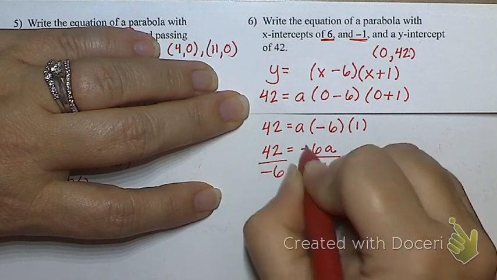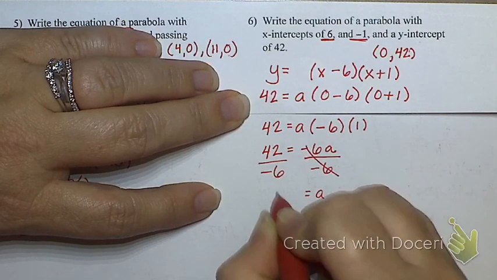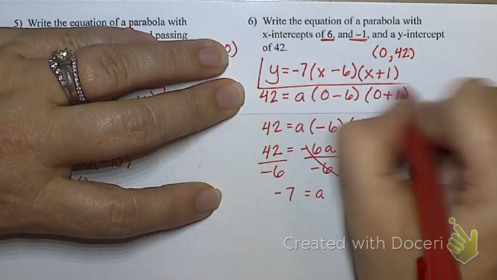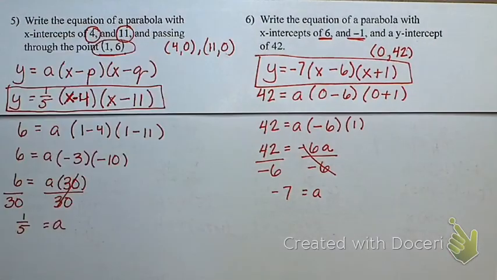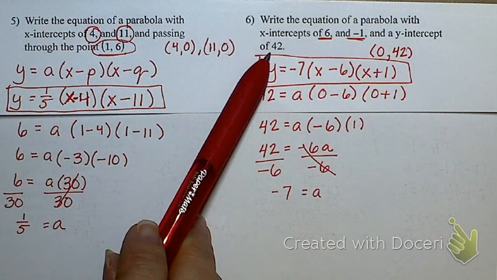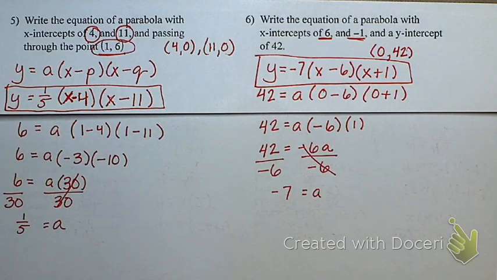And what does A equal? Negative 7. Throw my negative 7 up there. And there's my answer. So it's exactly the same process as number 5. As soon as you recognize that when they give you the y-intercept, they are giving you a point. It's (0, whatever that number is). Okay? All right. Happy studying.